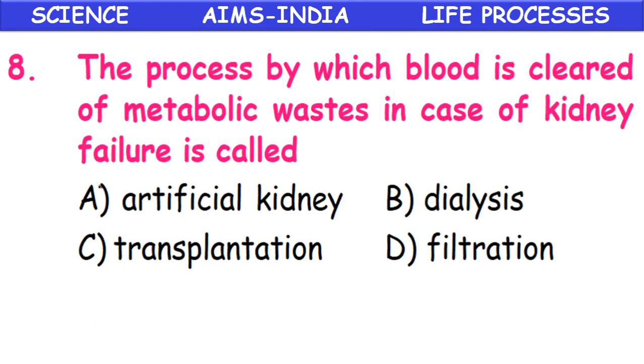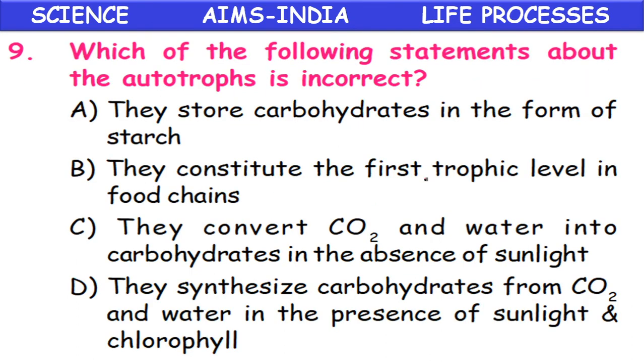The process by which the blood is cleared of metabolic waste in case of kidney failure is called: artificial kidney, dialysis, transplantation, filtration. That process is called dialysis. Which of the following statements about autotrophs is incorrect?